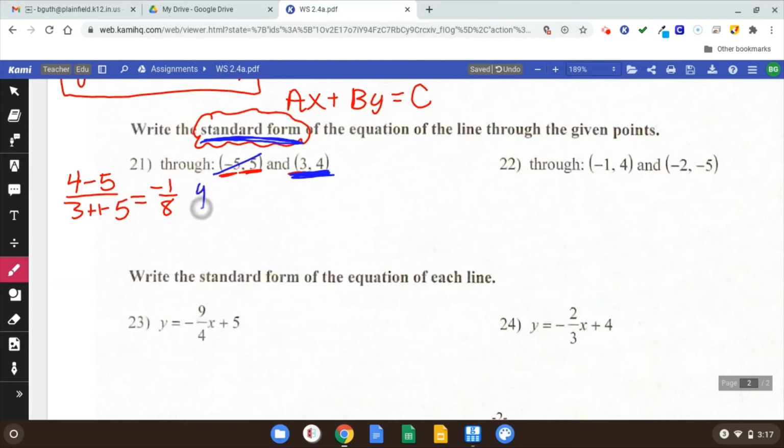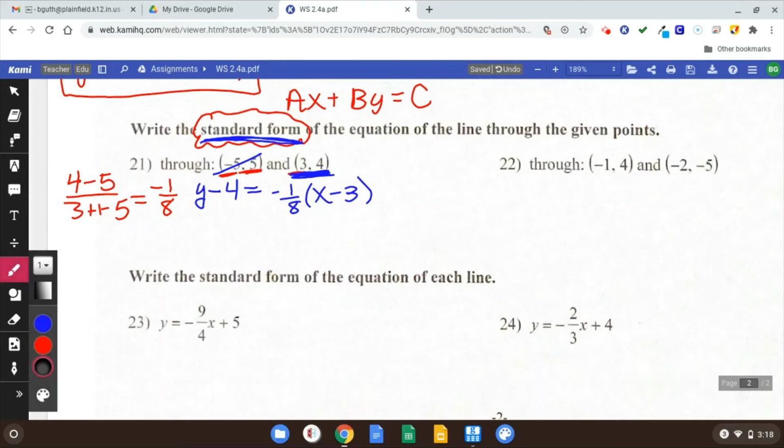So point slope form says y minus the y number equals my m, which is -1/8, times x minus the x number. Now here's where my fraction trick really pays off. Standard form, remember I said the capital letters kind of are a hint that you don't want fractions. So we're going to get rid of the fractions anyway.